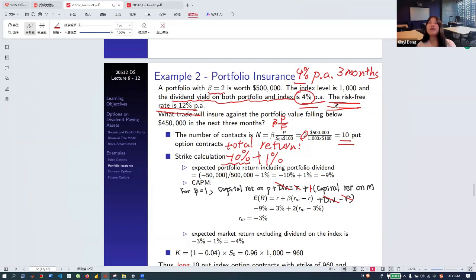So convert that 4% annual rate into a 3-month rate: 4% divided by 4 is equal to 1%.